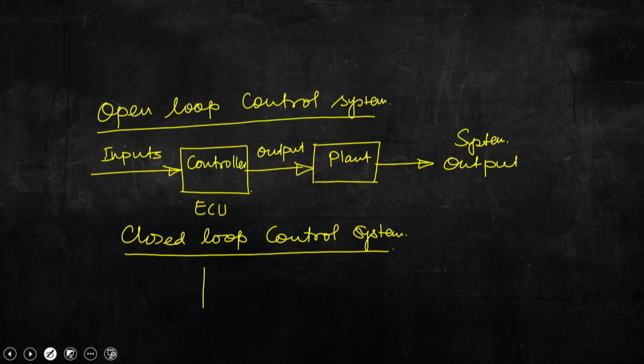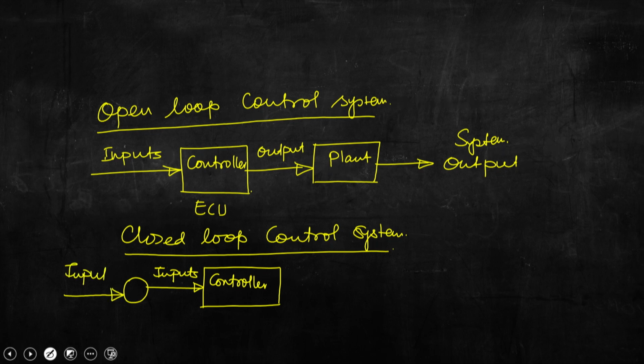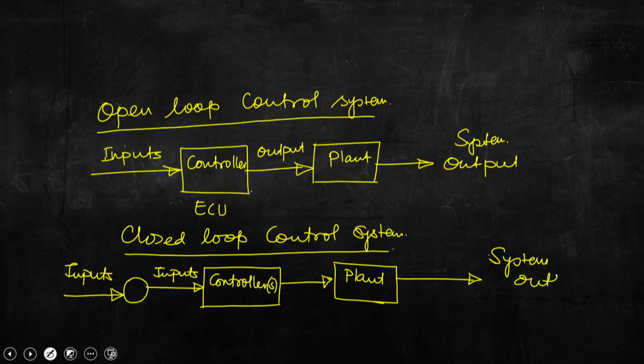So, we will be having controller or controllers, then these are the inputs, and then again the controller or controllers will provide output or data to the plant for the desired output, but there will be a feedback loop.